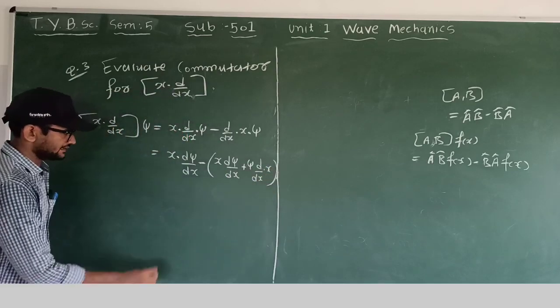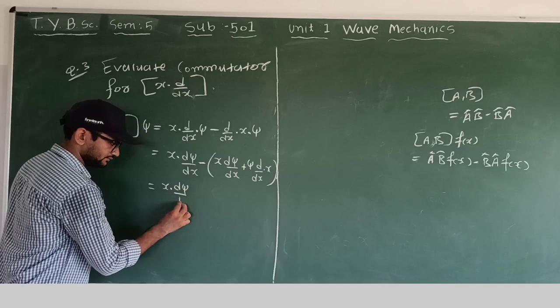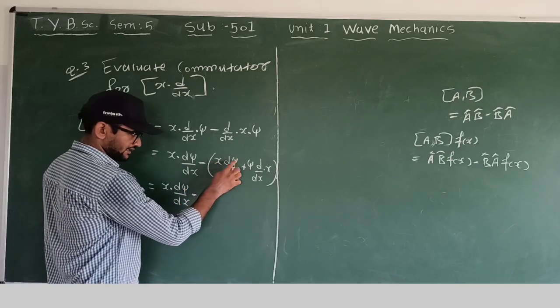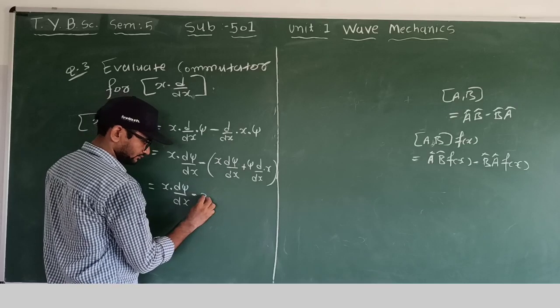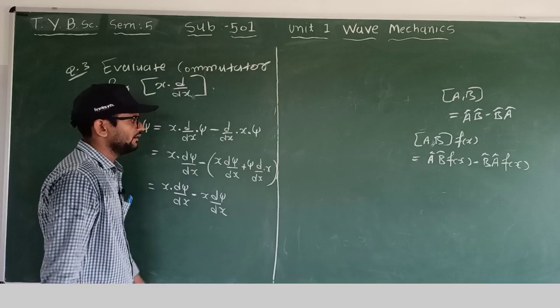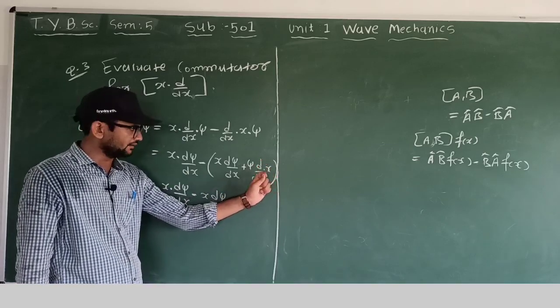This is equal to x into d psi upon dx minus x into d psi upon dx, and the value of d by dx of x is equal to 1.